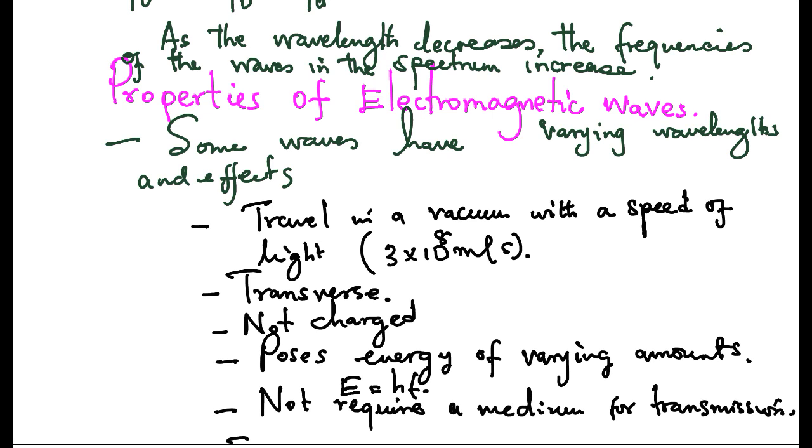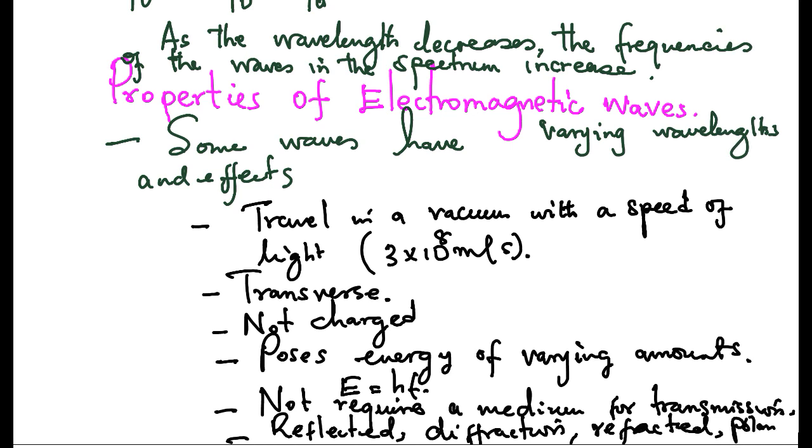They can be reflected. They can undergo diffraction. They can be refracted. They also have polarization effects, just like visible light.